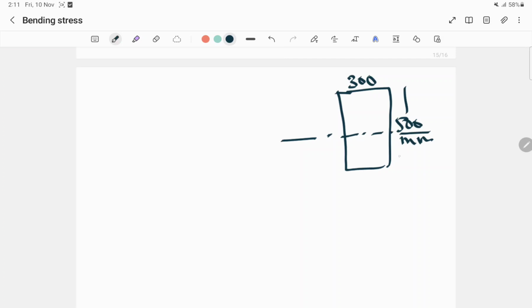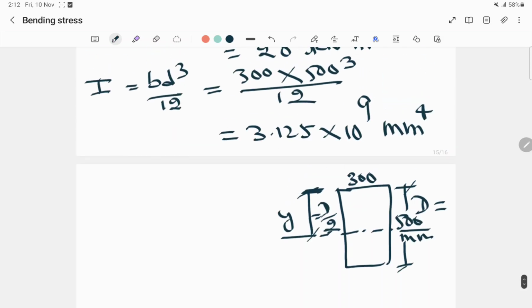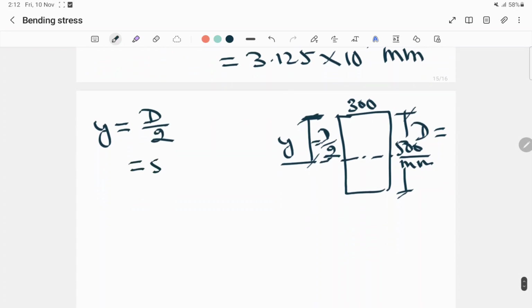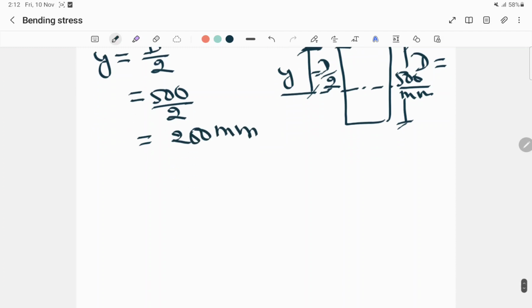Here D, the depth, is known to us, and y is nothing but the distance from the neutral axis to the top layer. So y is equal to D by 2. D is already known to us, that is 500 upon 2 is equal to 250 mm.